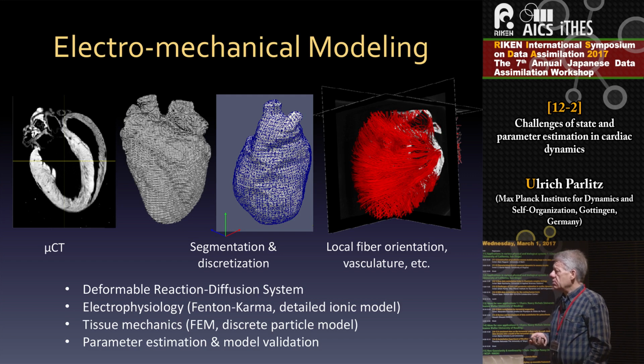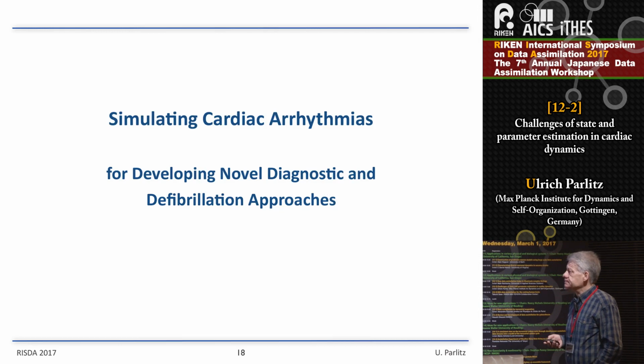So you have a deformable reaction diffusion system. You choose your favorite model for the local cell dynamics, an ionic model, for example. Then you also need a model for the tissue dynamics. I will not go into the details there. Maybe just a mass spring model could be sufficient. And then you have a model for the heart, and you can start parameter estimation and model validation.